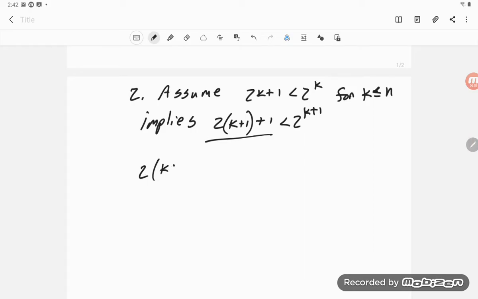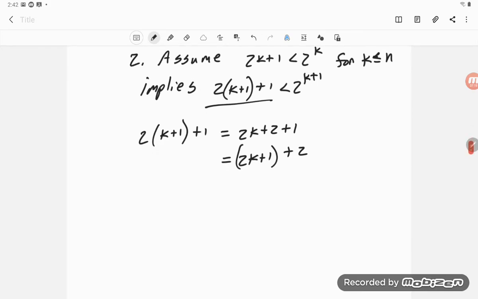2k plus 1 plus 1. That is equal to 2k plus 2 plus 1. Now I'm going to swap the 2 and the 1. So this is 2k plus 1 plus 2.